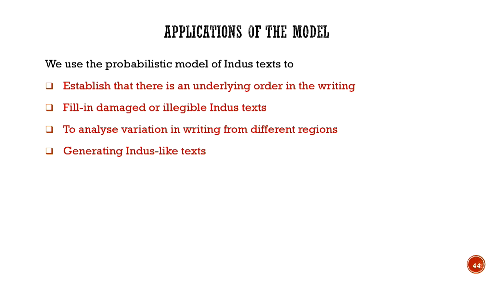Now, once we have this model, we can use it for several interesting applications. First of all, we tried to see whether the empirical observations we made from the data in other ways were also coming out of this model. And yes, actually, I was expecting that.